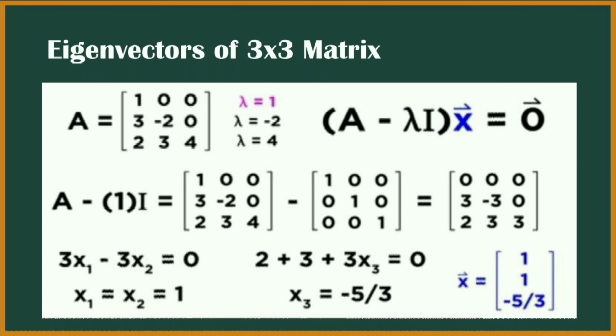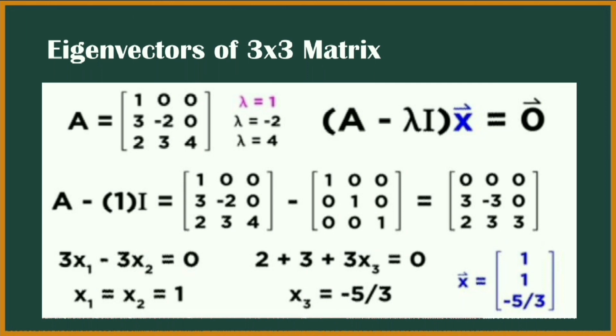So to find the eigenvectors, we will write 3 x sub 1 minus 3 x sub 2 equals 0. So we have x sub 1 equals x sub 2, and it equals 1. So the next equation is 2 plus 3 plus 3 x sub 3 equals 0.